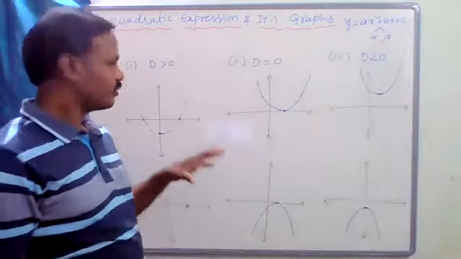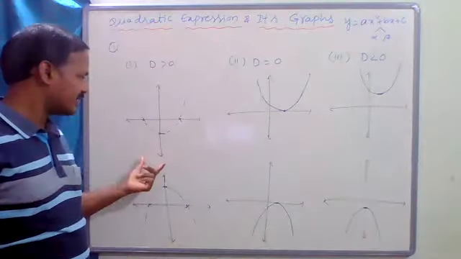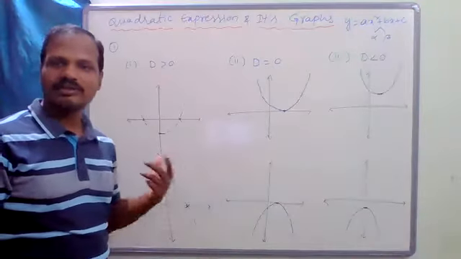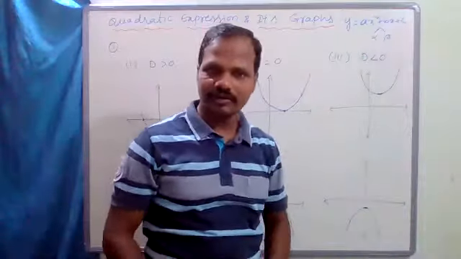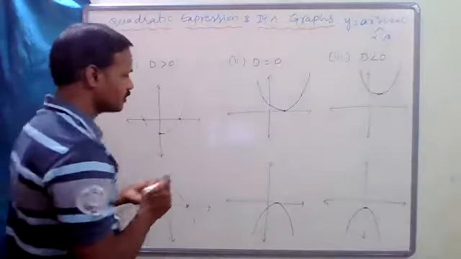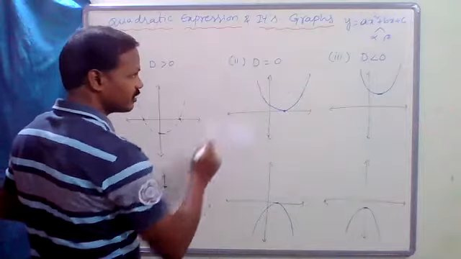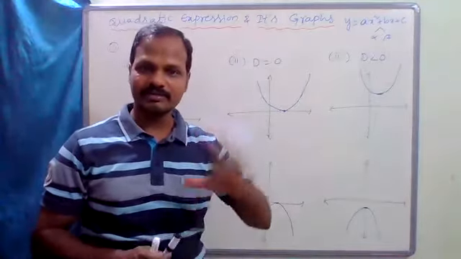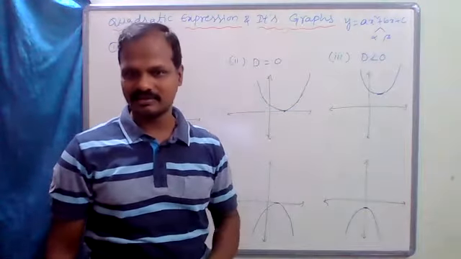Okay. So in D greater than 0, to decide the graph, this shape or this shape, we have to think about the value of a, that is the coefficient of x square. Now see what the expression is. To find the maximum and minimum, what do we have to calculate? We have to calculate f dash x and f double dash x.